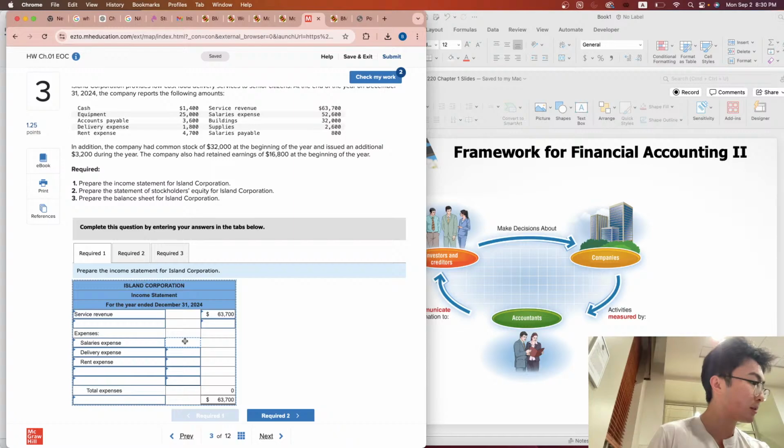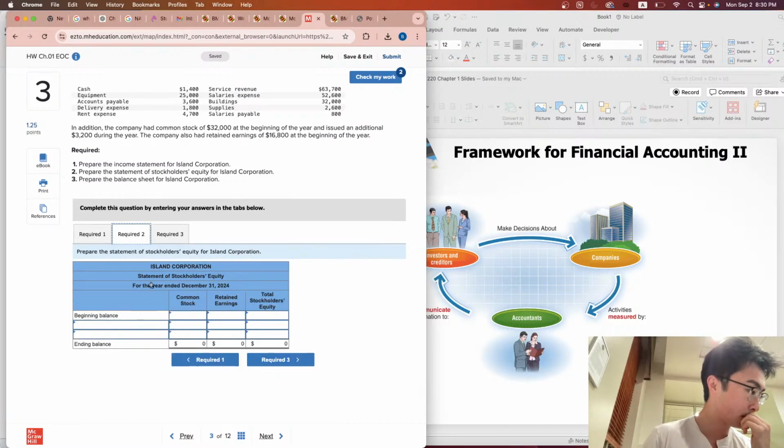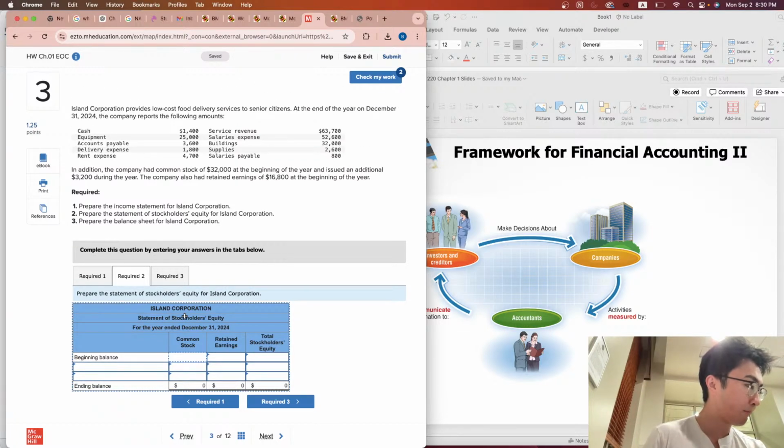Okay, so salaries expense, we have 52,600, and it's payable. Delivery expense 1,500, 470. Okay, so beginning balance 32,000. So retained earnings 1,600.